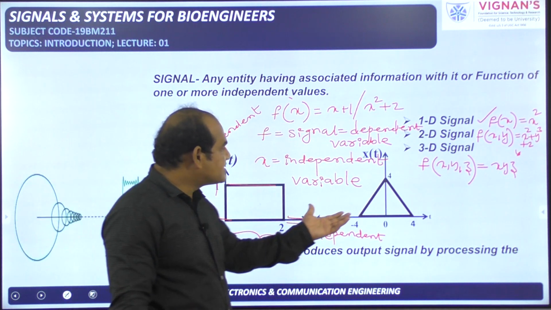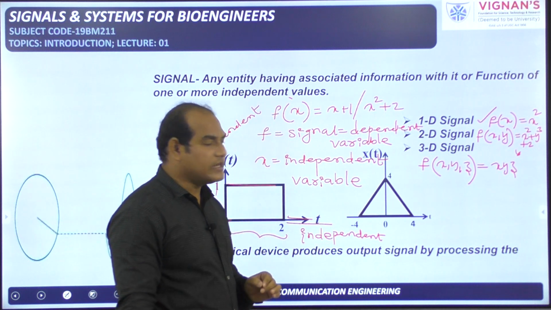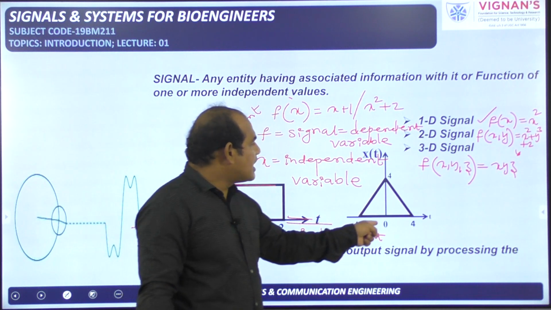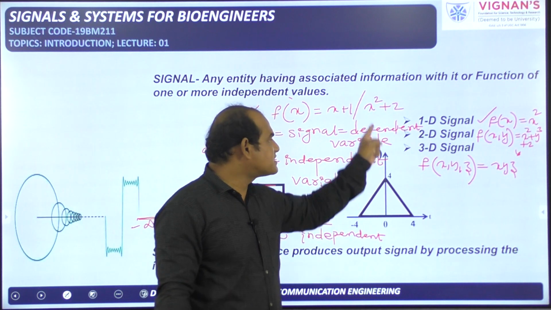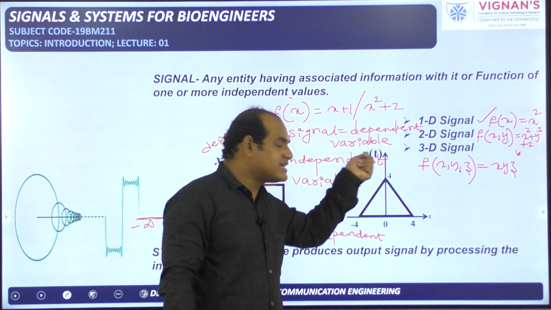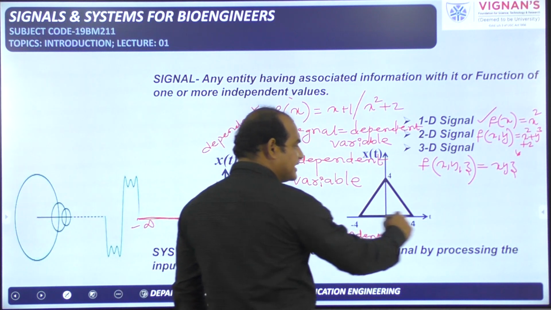If you see this signal, another signal I have taken, this is also represented with x of t only for general purpose. So again x of t is a signal, so x is the dependent variable that should be represented on the y-axis, and t is the independent variable because it is available within the bracket, that should be taken on the x-axis.